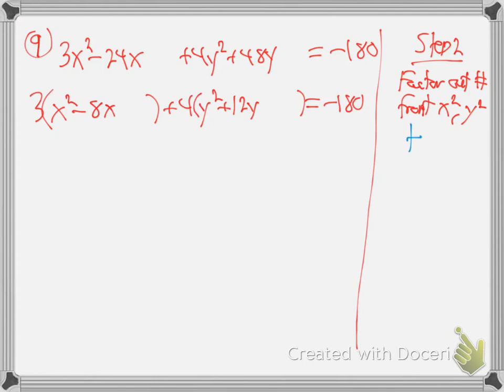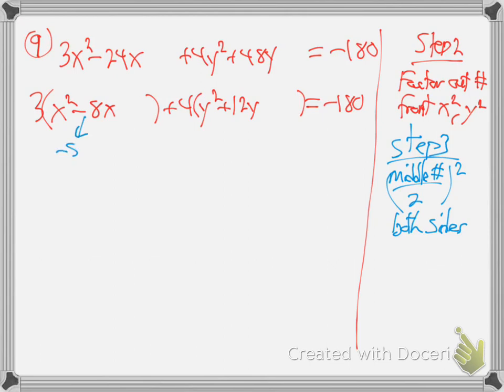Step 3, take the middle number over 2, squared, and add to both sides. So I take that middle number, negative 8 over 2 squared, which is negative 4 squared, which is positive 16.